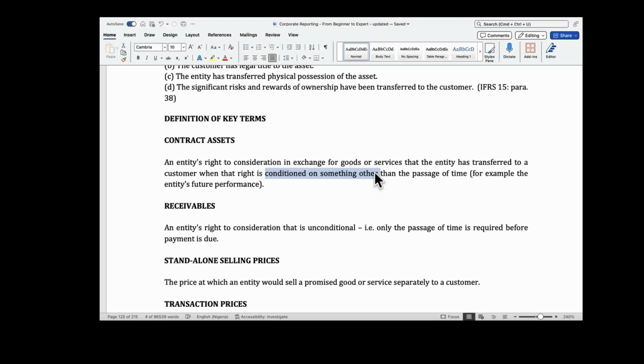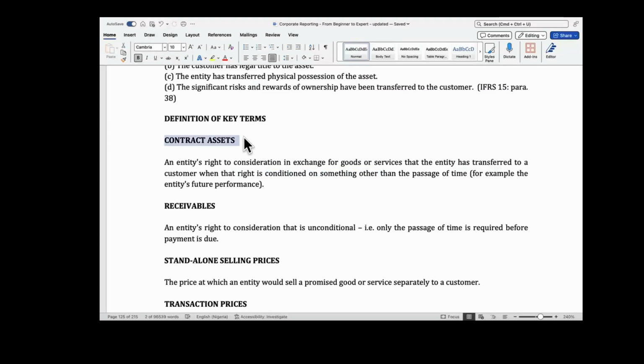So where your right to consideration is conditioned on something other than passage of time, it's not about collecting your money at a particular date. It's about there are things you need to do in addition to the goods you have transferred. So if there are conditions like that, then the money that is collectible, you don't debit it to trade receivables.